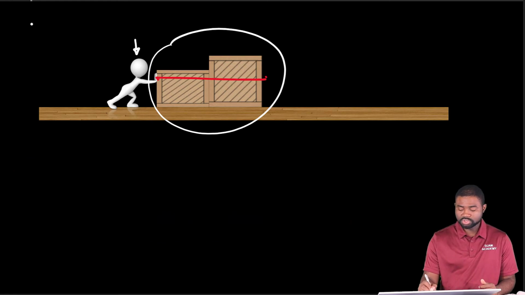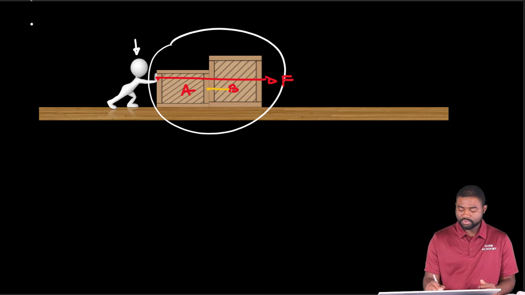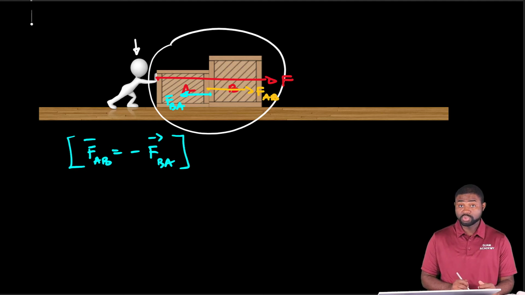He pushes on a box with a certain force F. Let me call this box A and this box B. You will also realize that box A is exerting a force on B. This is the force that A exerts on B. And also, by virtue of Newton's third law, box B exerts a force on A. This is the force that B exerts on A. So you can clearly see that the force that A exerts on B is equal but opposite to the force that B exerts on A. This is Newton's third law of motion.